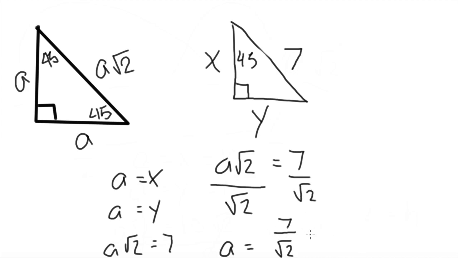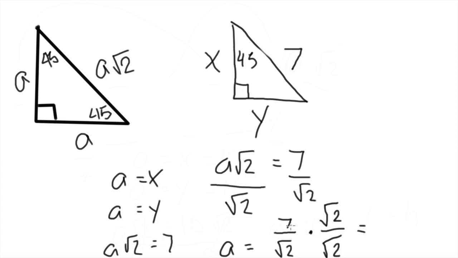The way we rationalize is we're going to multiply both the top and the bottom by the square root of 2. Because we're multiplying the top and the bottom by the same thing, that's essentially multiplying by 1. So that's why we're allowed to do that, because if we multiply by 1, we're not changing the overall value of the equation.